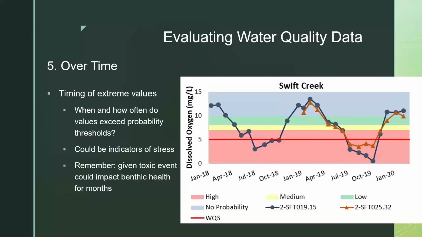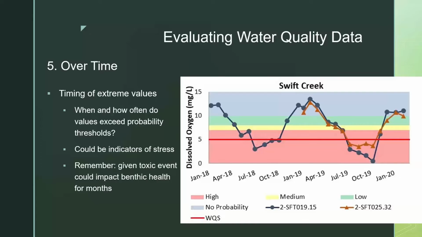Well, that typically occurs in the late summer and early fall. And we can even see in 2019 that it extended quite a ways into the fall, even through October. And again, how does the timing of those extreme values correlate with what we see in the benthic population?